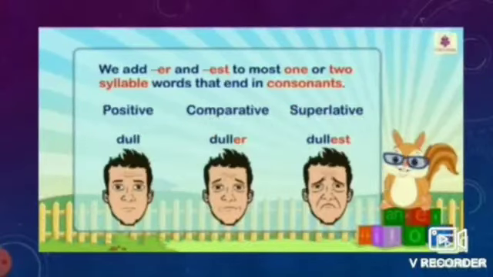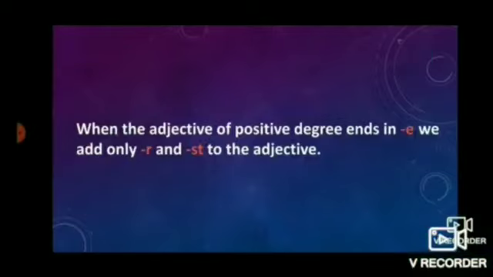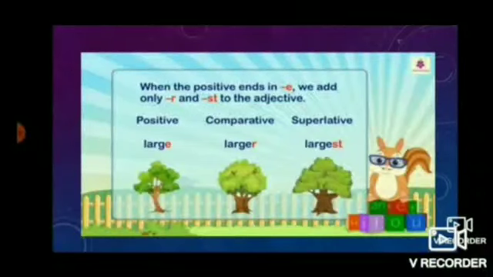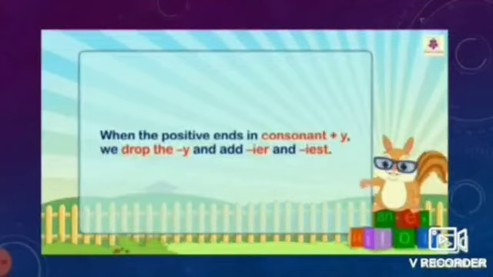For example, dull, duller, dullest. When the adjective of positive degree ends in E, we add only R and ST to the adjective. Let's see the example. Large, larger, largest. IER and IEST.